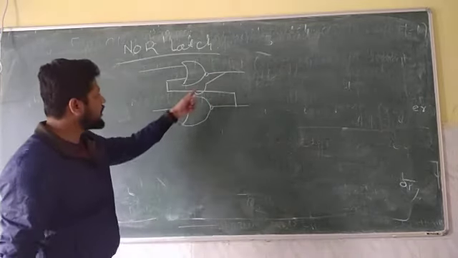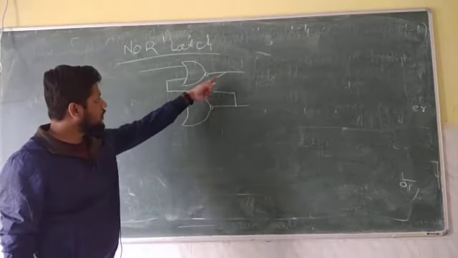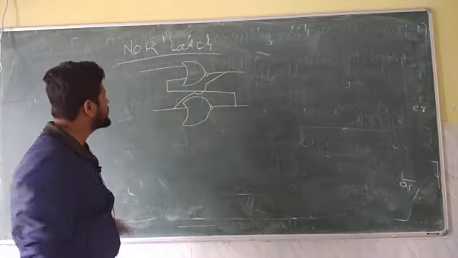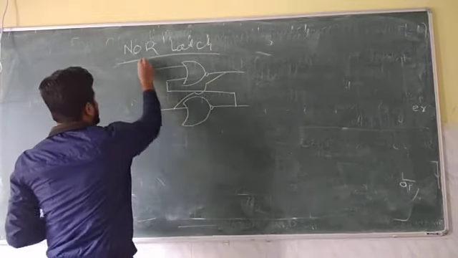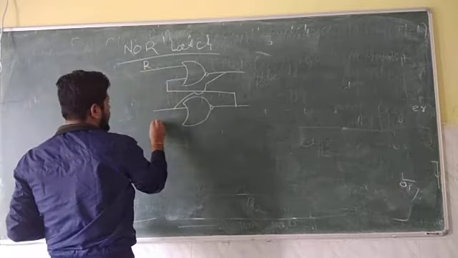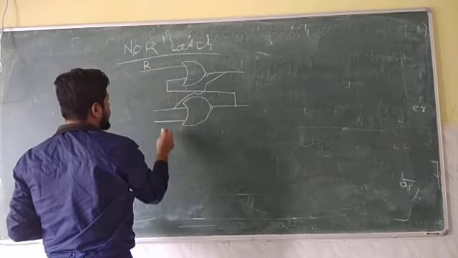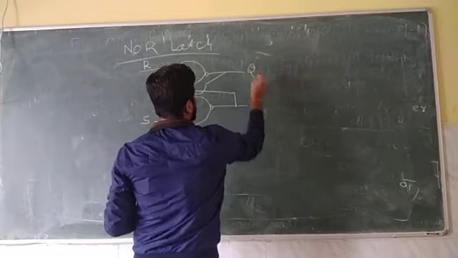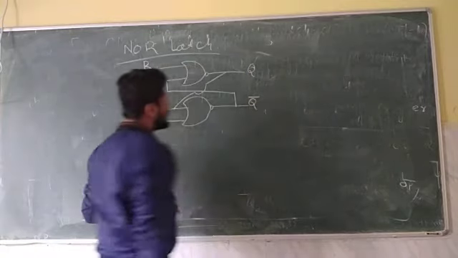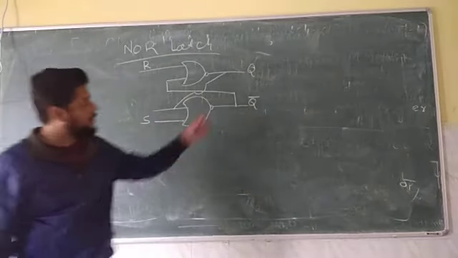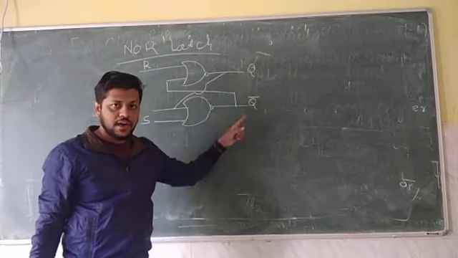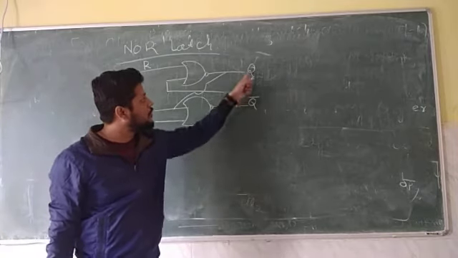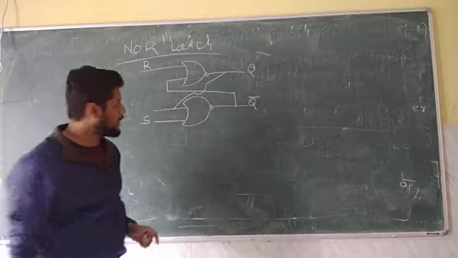This is a crossover, meaning there is no connection between these, but this is connected directly to this terminal. This is your R and this is your S. Here you have Q and Q bar. Always in sequential circuits we have two outputs, Q and its complement Q bar. That means if Q is 0, Q bar is 1. If Q is 1, Q bar is 0.